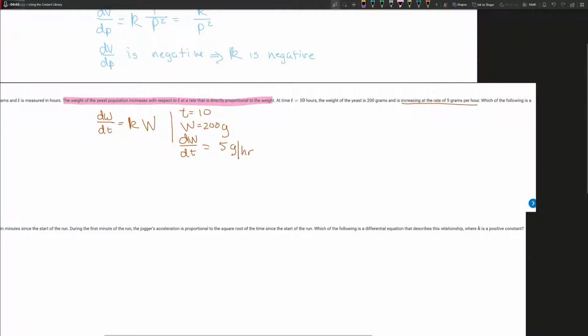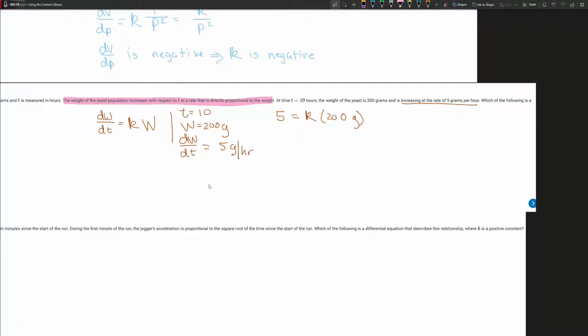So we can now use this information to find the value of K. Since dW/dt is 5 grams per hour, we can say that's 5, so we're going to keep it simple, equals K, and then W is 200 grams.